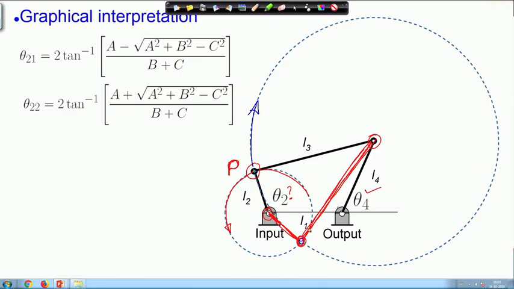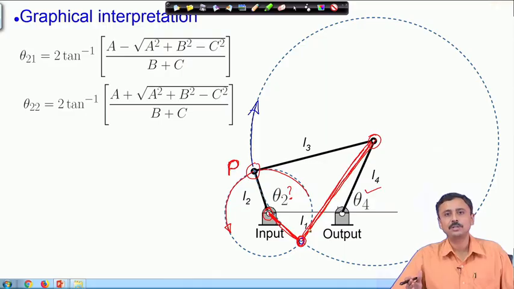So, these are the two assembly modes of the kinematic chain. So, these two solutions signify the two assembly modes, the modes in which this mechanism can be assembled.